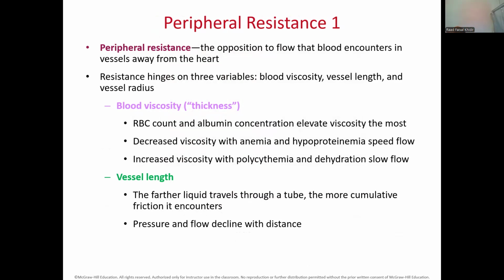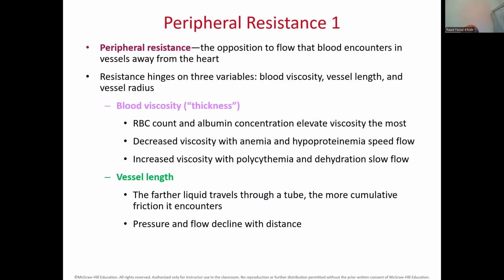It could be because the red blood cells increase because somebody is smoking cigarettes, which causes the blood cells to attach and clump together. Also, it could be because somebody's red bone marrow is generating more red blood cells. So blood viscosity is going to increase resistance.